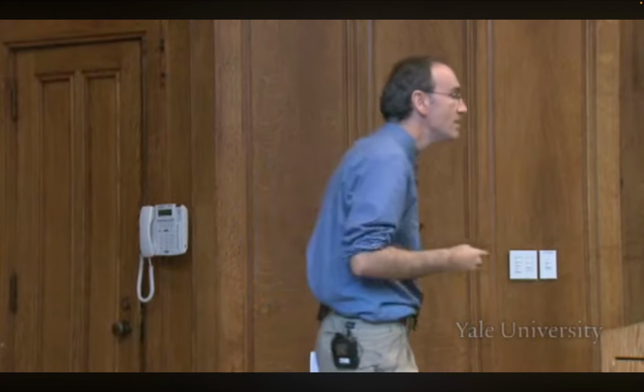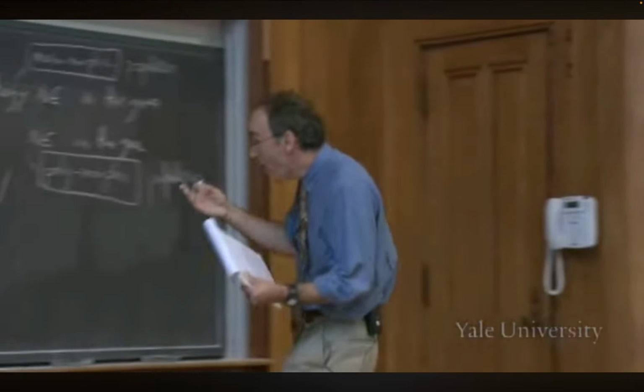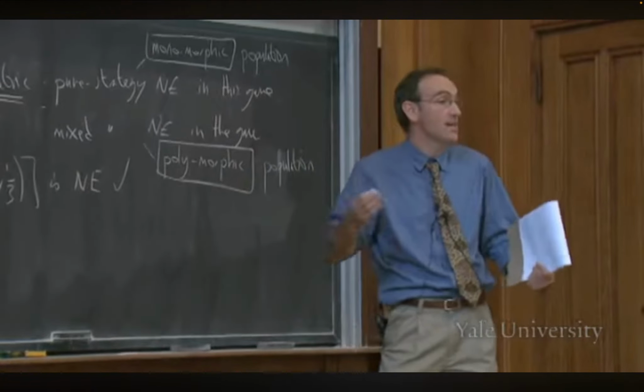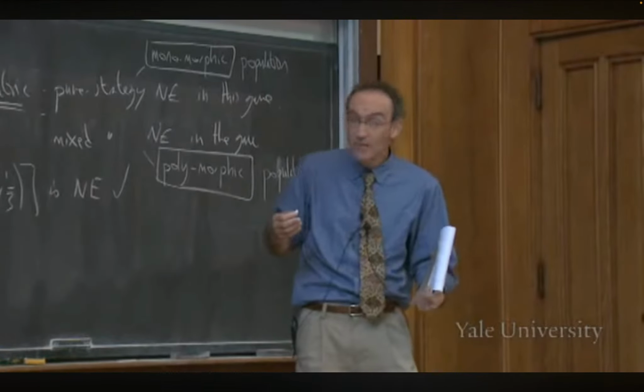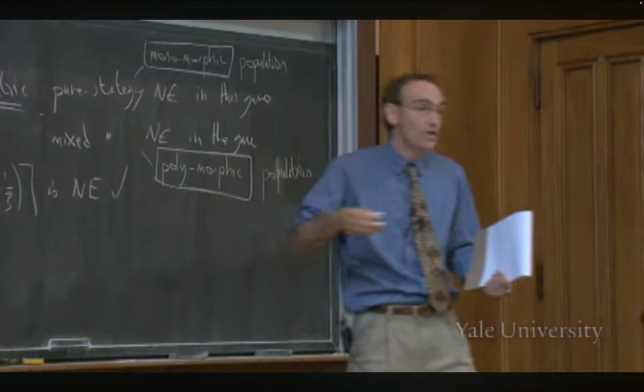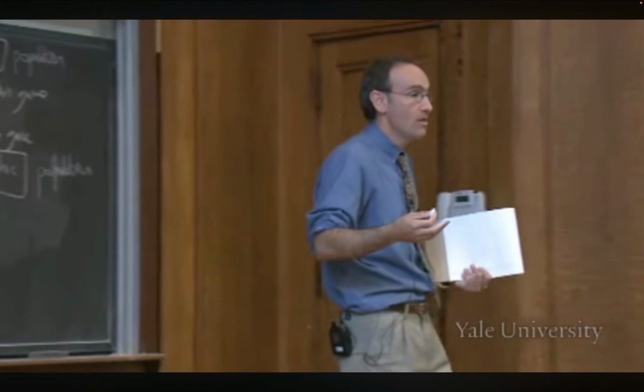Well, how do deviations do against it? Anybody? Equally well. Yeah, go ahead. Equally well, thank you. So it can't be a strict Nash equilibrium, because if we deviated to A, we'd do as well as we were doing in the mix, or if we deviated to B, we'd do as well as we were doing in the mix.